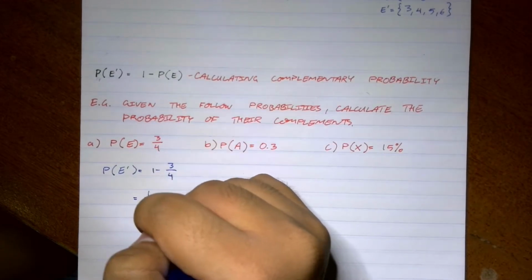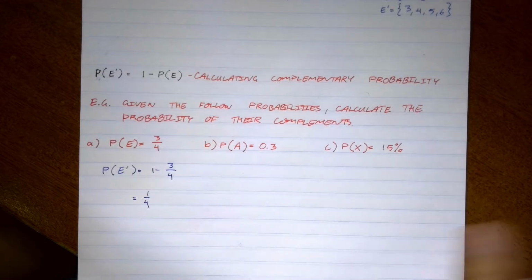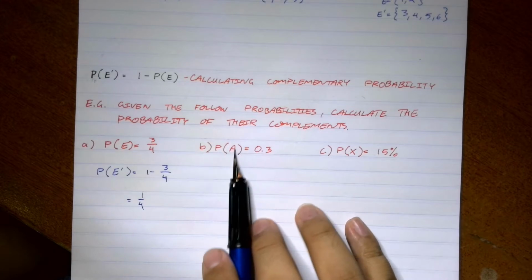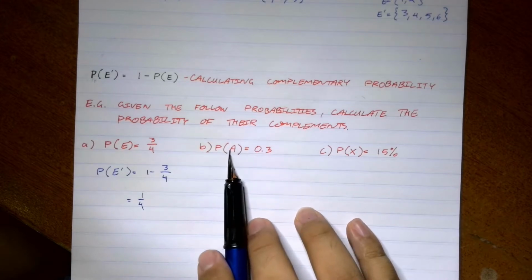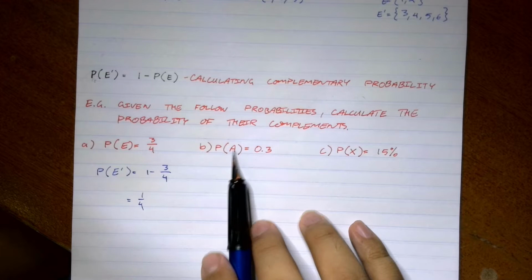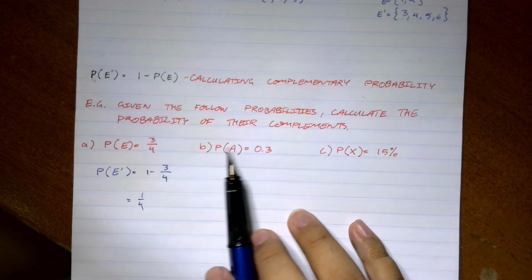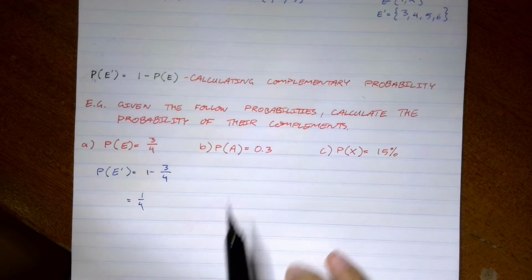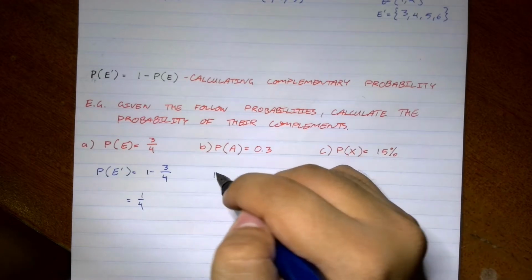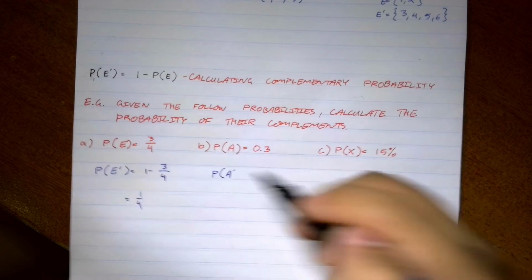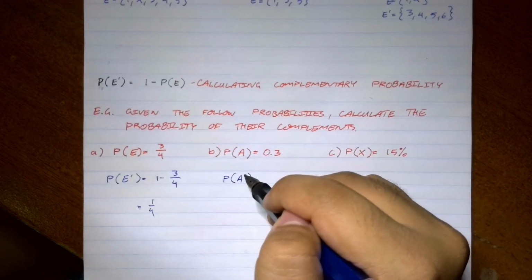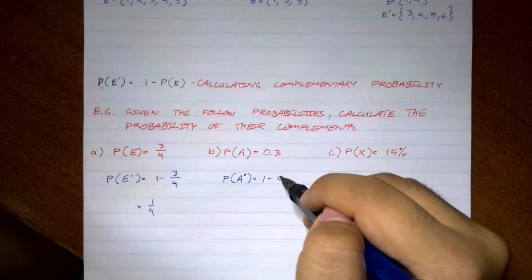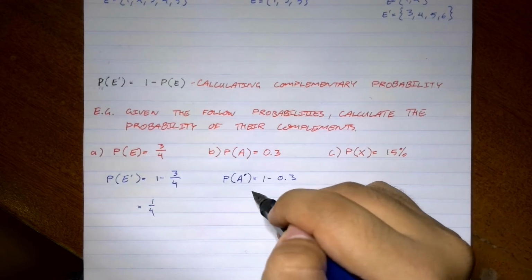If the probability of some event A, it doesn't always have to be E by the way, it can be A, B, C, D, or E, or whatever it might be, is given as 0.3, it's a decimal, then the probability of A dash, or the complement of A, is given as 1 minus 0.3.